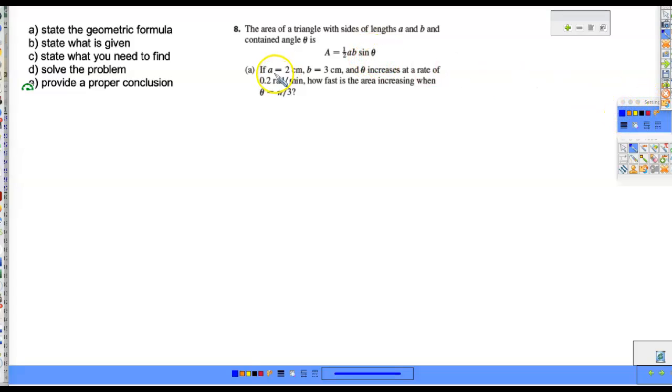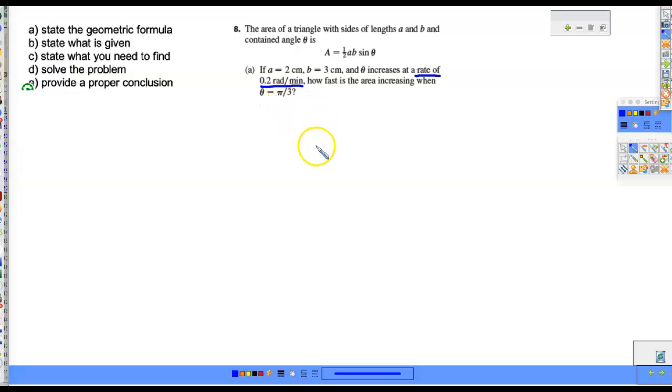Here, if a is equal to 2, b is equal to 3 centimeters, and theta is increasing at a rate of 0.2 radians per minute, how fast is the area increasing when theta is pi over 3?